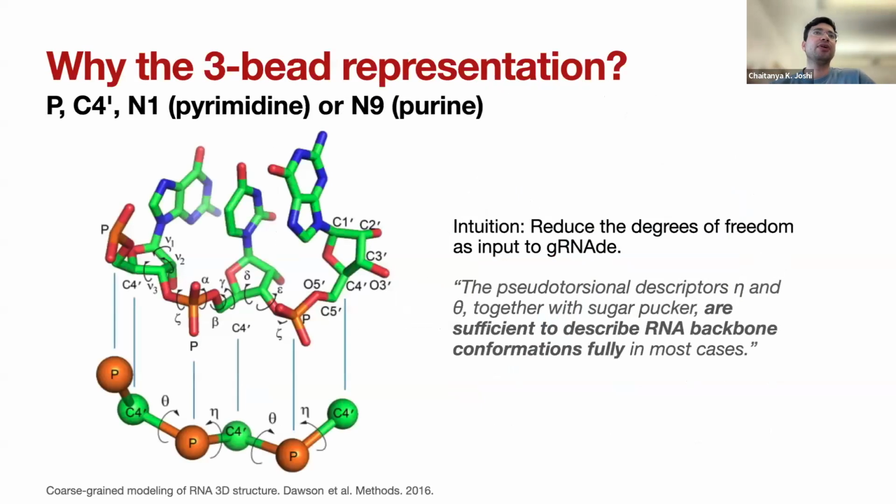Now, here's just one slide on why we chose the 3-bead representation. There's some really interesting work from Anna Pyle's lab at Yale showing that even though RNA backbones have a lot of torsion angles, so in principle they could be extremely flexible and malleable, you can describe almost all the configurations of these backbones using two pseudo torsions.